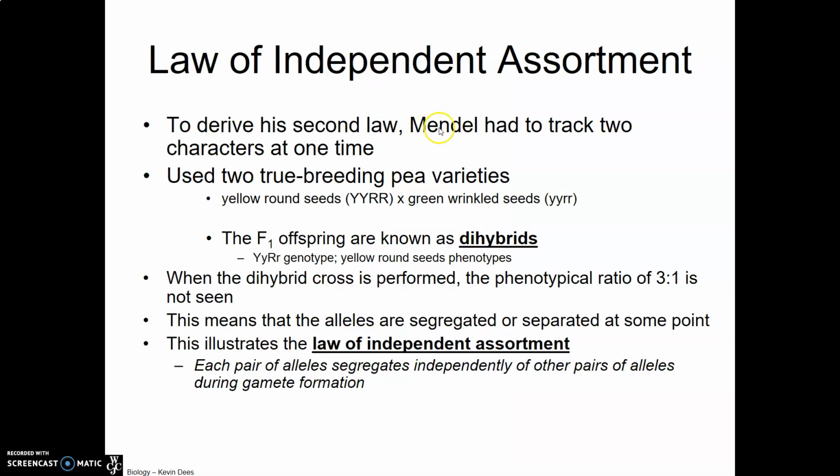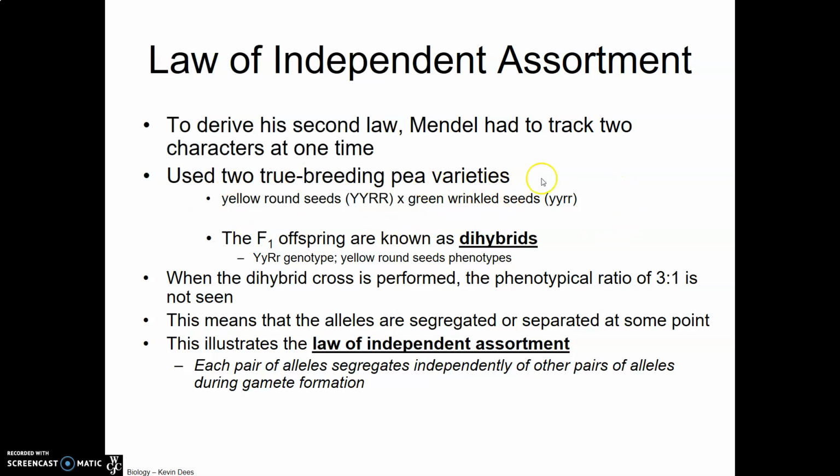Now, Mendel came up with the second law called the law of independent assortment. And in doing this, he used a dihybrid. In other words, he was going to track two characters at a time. So again, he started with two true breeding pea varieties, in this case, yellow round seeds, and he crossed them with true breeding green wrinkled seeds.